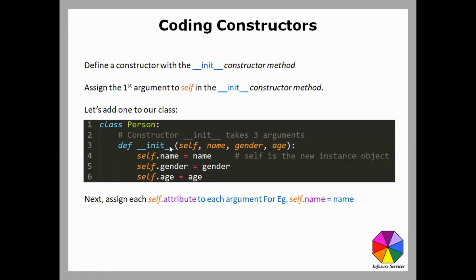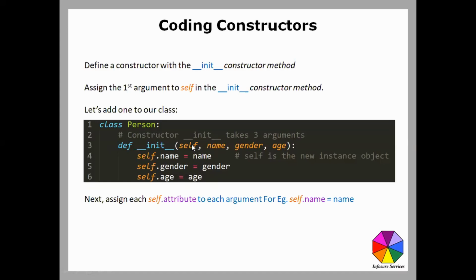Now, what is a constructor? A constructor is just a method or a function. I use the names method and function interchangeably. So def init, with the double underscores before and after, is the constructor. And what does it do? It has some parameters.